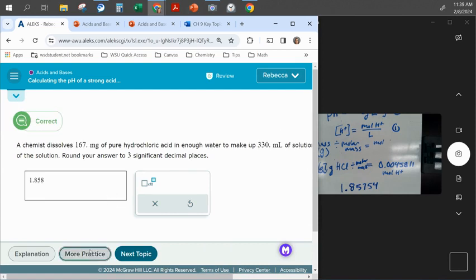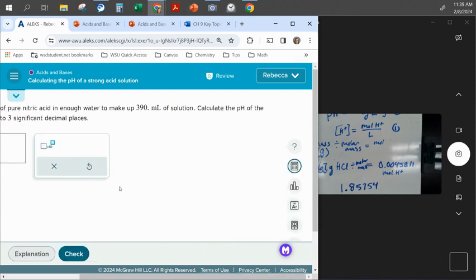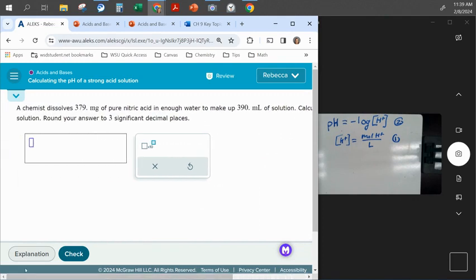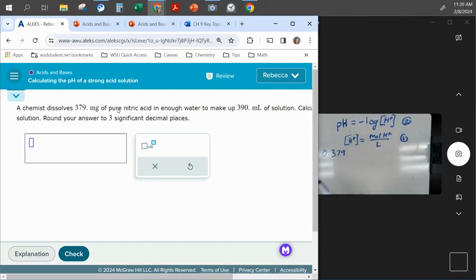Okay, let's do another one of those. All right, so we're going to take this value. We are taking 379 milligrams. I'm going to first convert that to grams, 0.379. This is now grams of nitric acid. What is nitric acid?